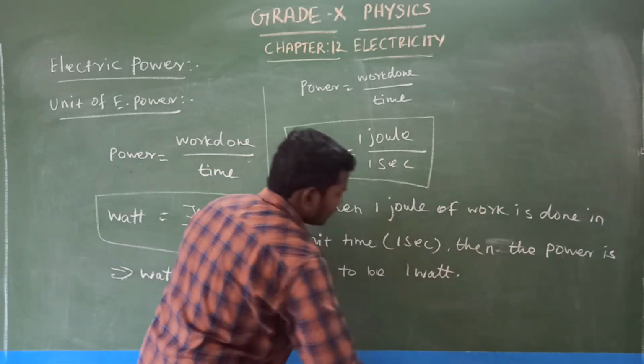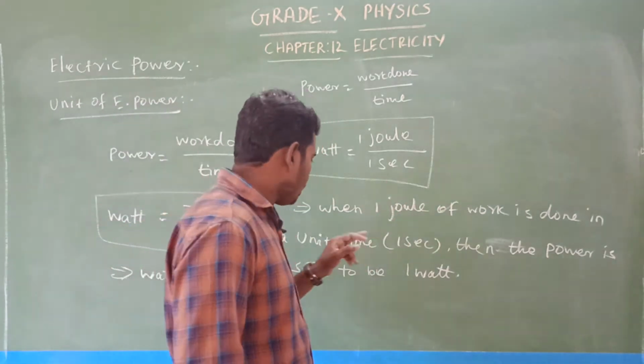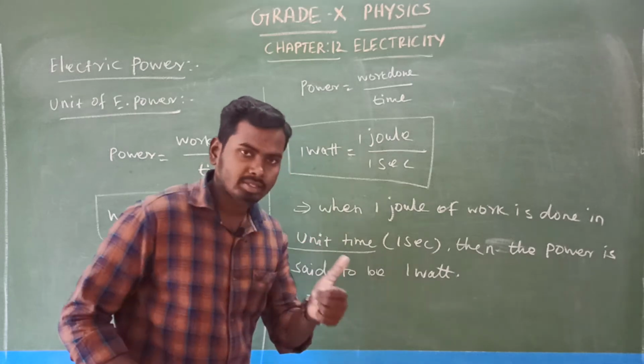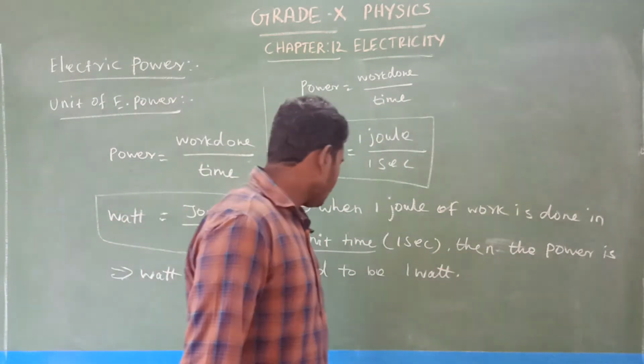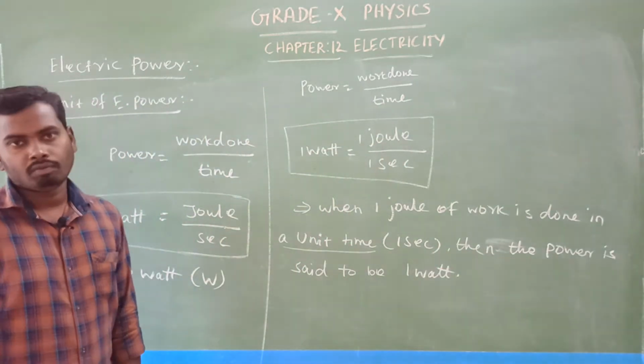That's all, students, very easy. When 1 joule of work is done in a unit time, which means per second, then the power is said to be 1 watt. Is it clear?